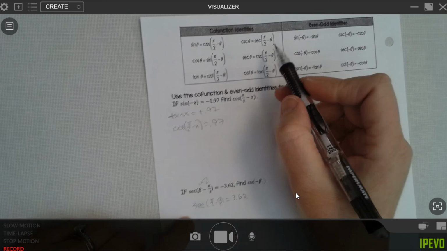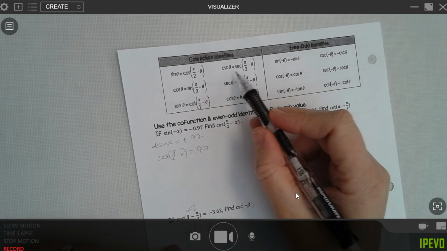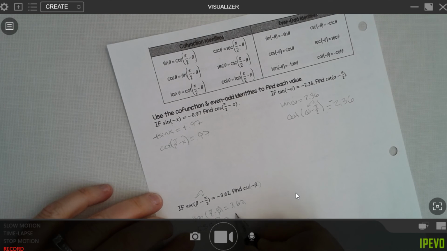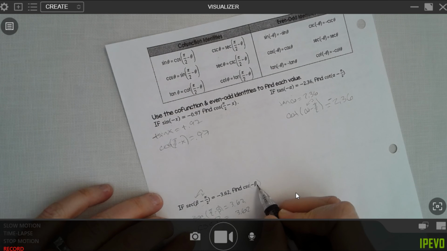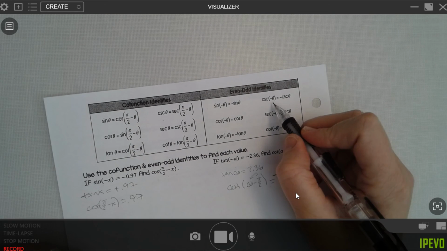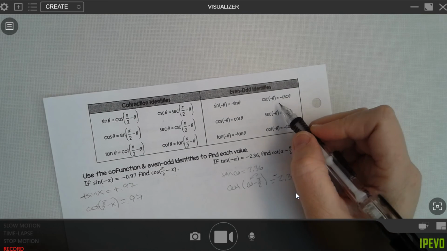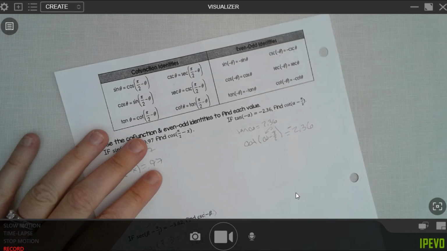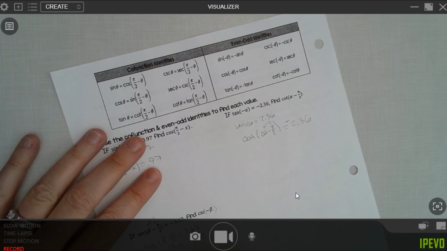And then I know that secant of pi over 2 minus beta equals cosecant. So cosecant of my beta would equal 3.62. So if I'm going to do a negative of that angle, we look over here. Cosecant of a negative angle equals negative the cosecant of the angle there. So that means that cosecant of negative beta equals negative 3.62.